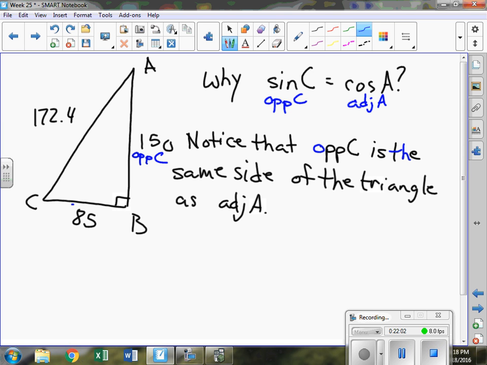Adjacent to A is also that 150. They're both talking about this right leg in this picture.